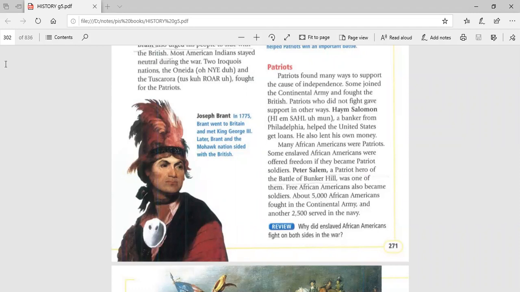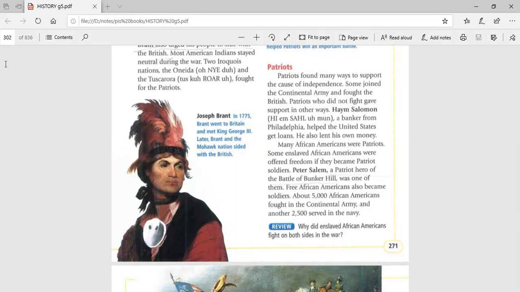You know, guys, that the patriots are the colonists who needed independence. So some of the patriots joined the army, the Continental Army of America. They fight in the other way, and some enslaved Africans, guys, also get their freedom from the Patriots and they joined the side of the Patriots.